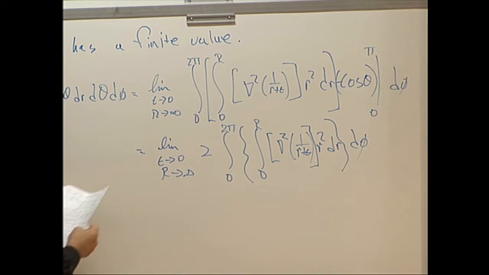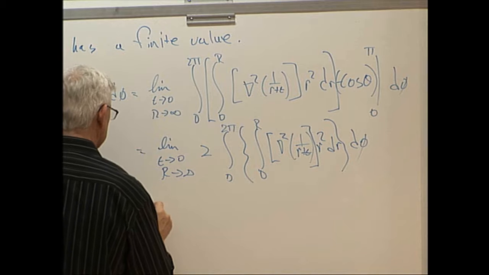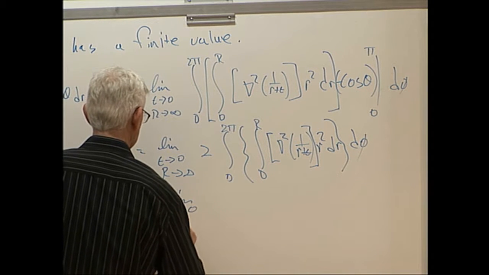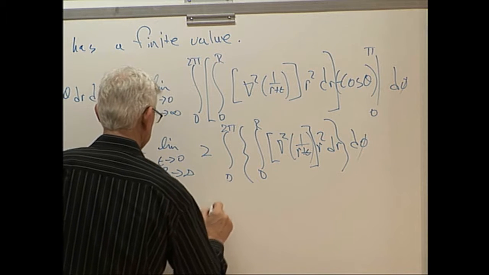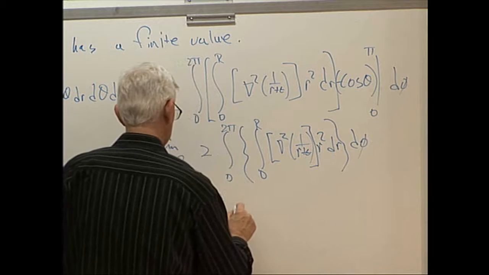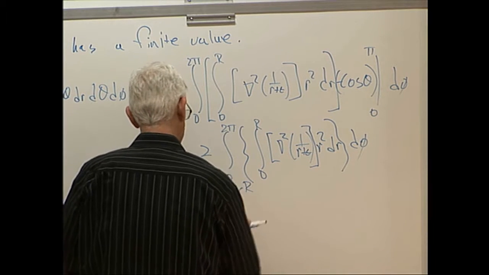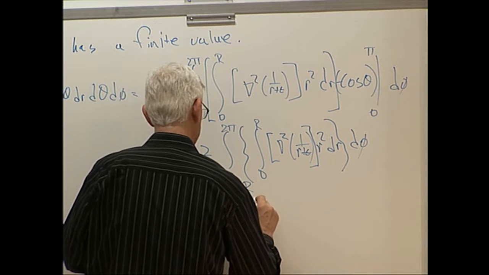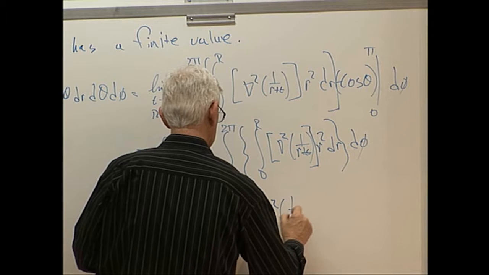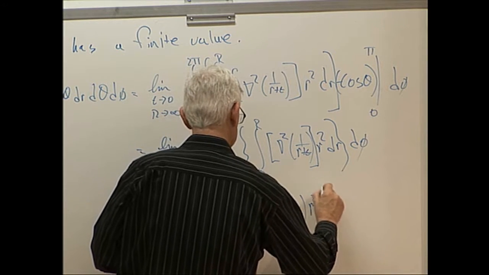Okay, so this is just a 2 pi here with d phi. So the limit of epsilon approaches 0, r approaches infinity of the additional 2 pi is 4 pi. And then all we have is the integral with respect to r, 0 to r, and this integrand, del squared 1 over r plus epsilon, r squared dr.